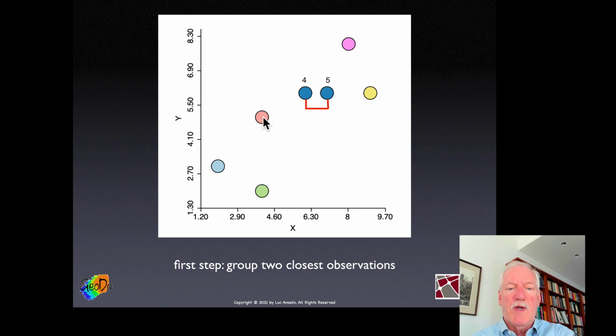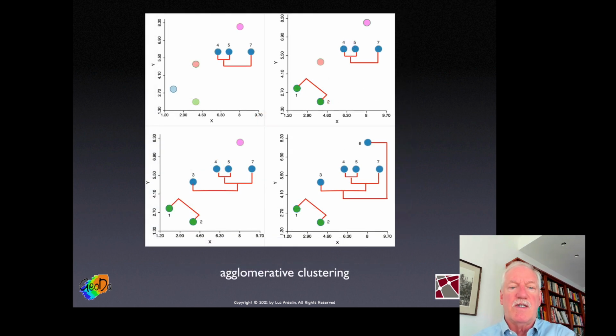The distance between pink and the cluster is the distance between pink and 4. That's how it works. So we update all the distances. These distances don't change. The only distances that change are distances to the points 4 and 5. The others are unaffected. So that's a pretty efficient updating mechanism.